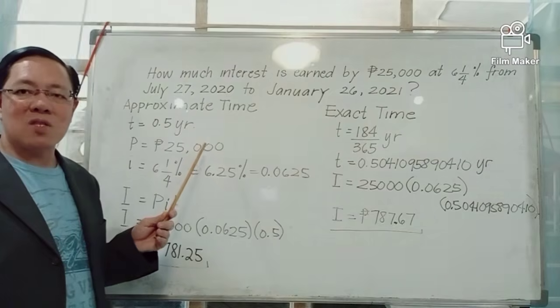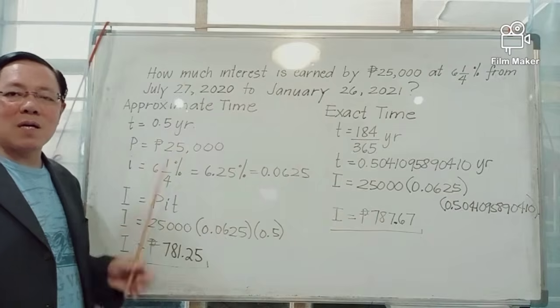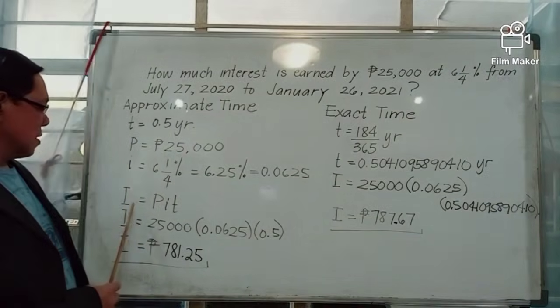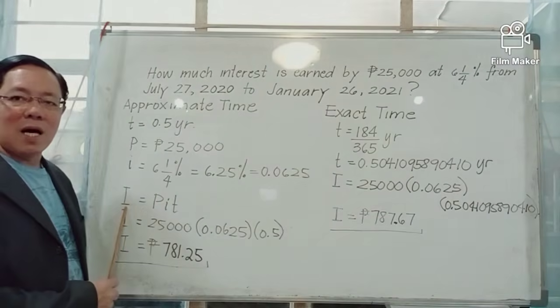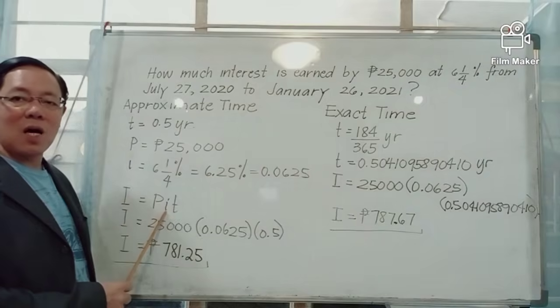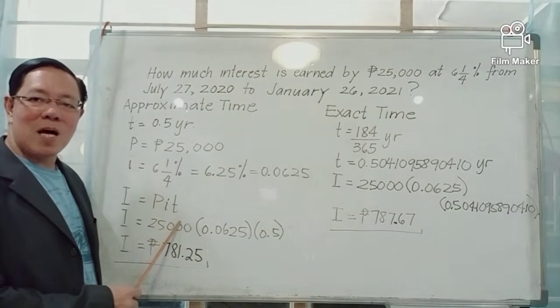This is the approximate time. And using this approximate time, we compute the approximate amount of simple interest using the formula capital I equals capital P, small r, multiplied by small t, where small t is the approximate time.